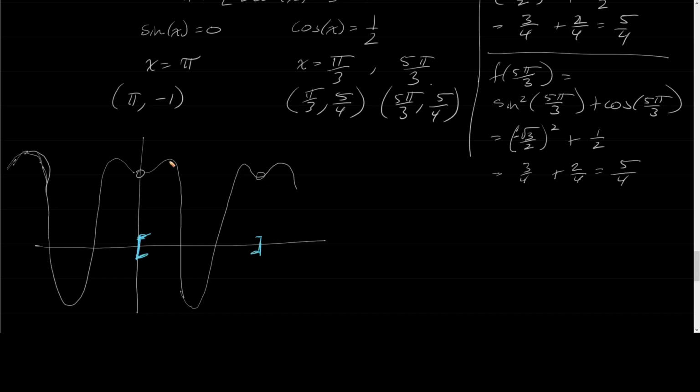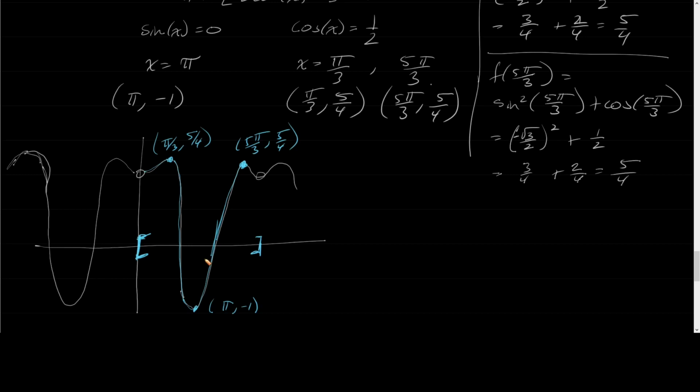And these points are here, here, and here, where this first one is at pi over 3, comma 5/4. This next one is at pi, comma -1. And this last one is at 5 pi over 3, comma 5/4. And again, this was the region that we were concerned with. So that was finding some critical points there.